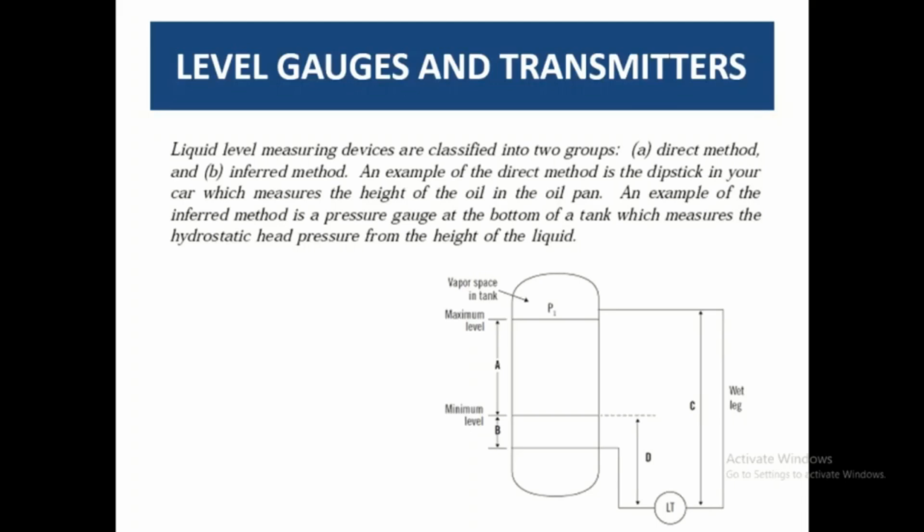The direct method is one where we directly calculate the height of a liquid in a vessel or equipment. Similarly, for temperature, there are temperature sensing devices which directly measure the temperature.